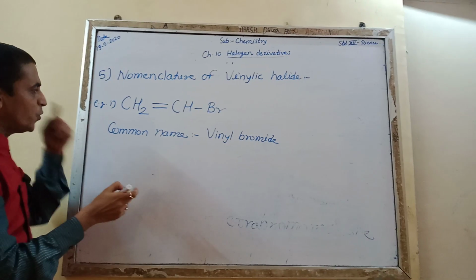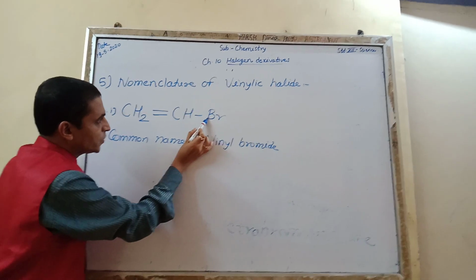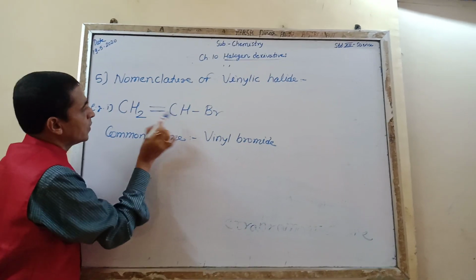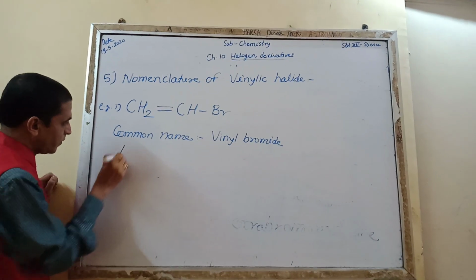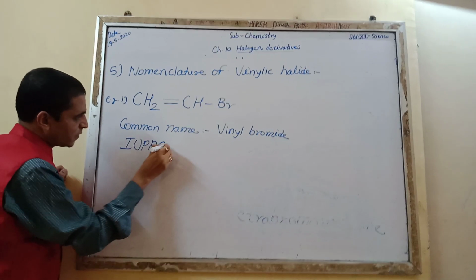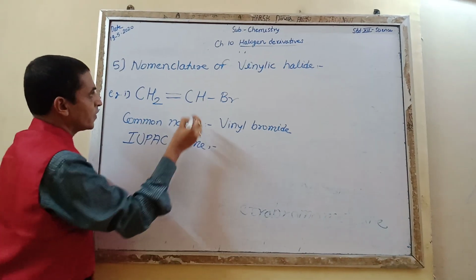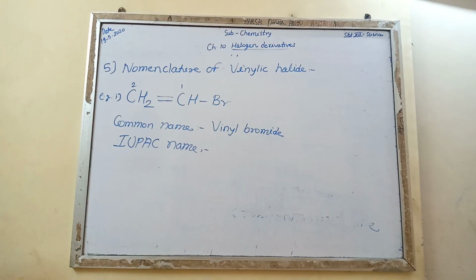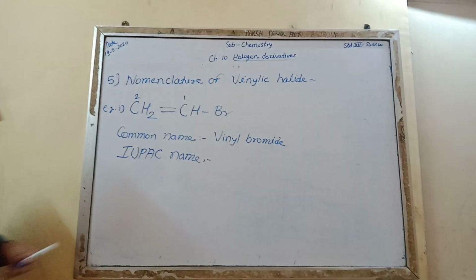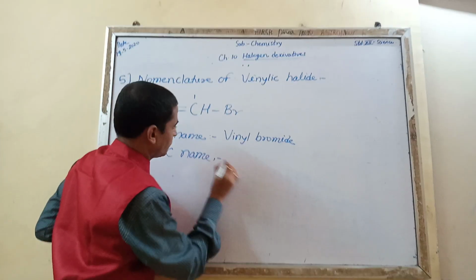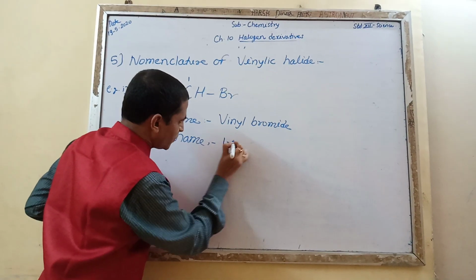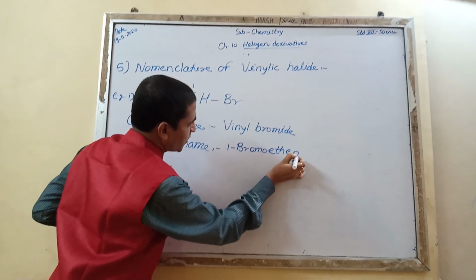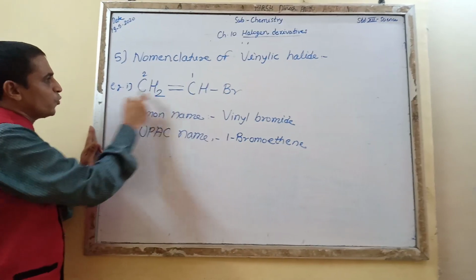Why is it called vinylic halide? Because in this, the halogen atom is attached directly to the sp2 hybridised carbon atom. So remember this structure, vinyl bromide. The IUPAC name is written as 1-bromoethene, because there is a double bond between two carbon atoms.